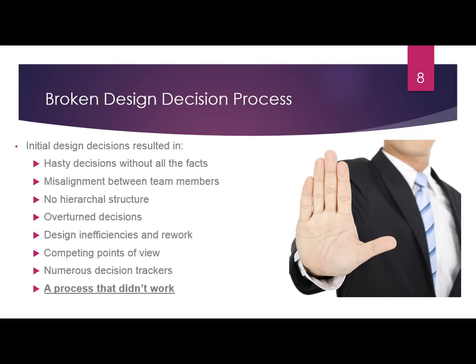They were pushing: we need to make a decision. Oh, but we don't know how certain things are going to work, but it doesn't matter, we have to make a decision. Then there was misalignment between team members, no structure, decisions were overturned, a lot of rework, competing points of view. Overall, the process didn't work, which is what we see in most construction projects.